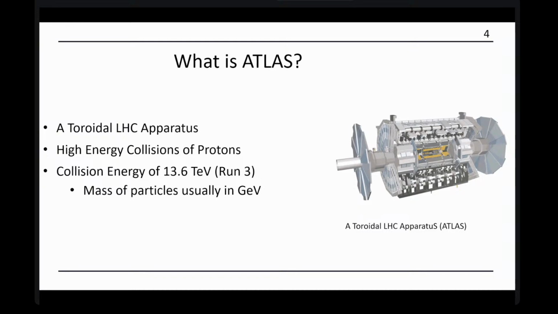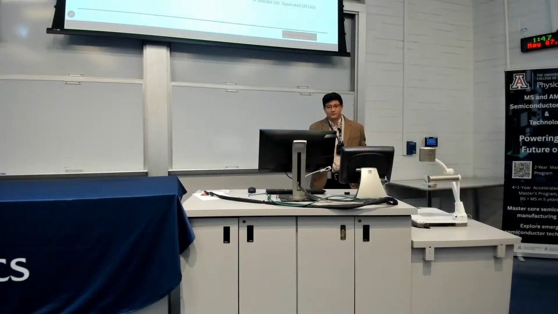Currently, they have about 13.6 TeV collision energy on these collisions. And just for reference, the masses of particles are usually in GeV, so it's a very high energy compared to what our particles usually are.